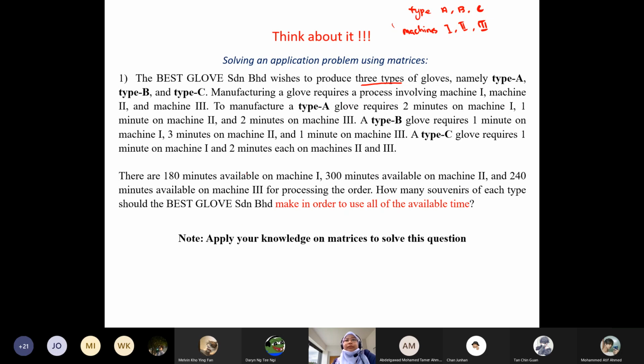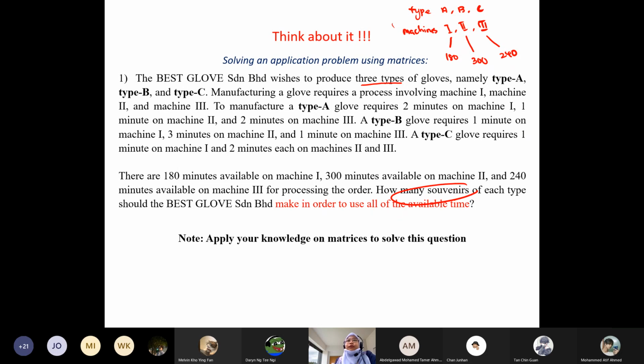There are 180 minutes available on machine 1, machine 2 is 300 minutes, and machine 3 is 240 minutes. The question asks how many gloves the company can produce to ensure that they use all the available time.